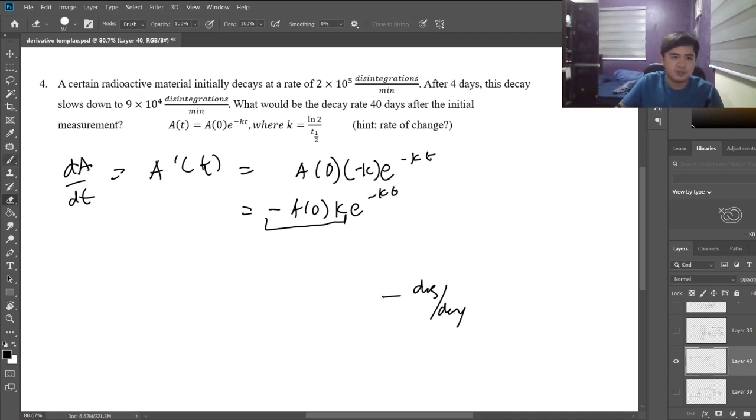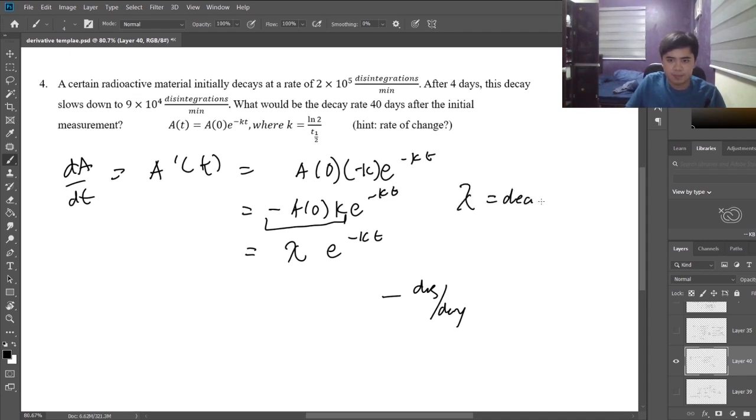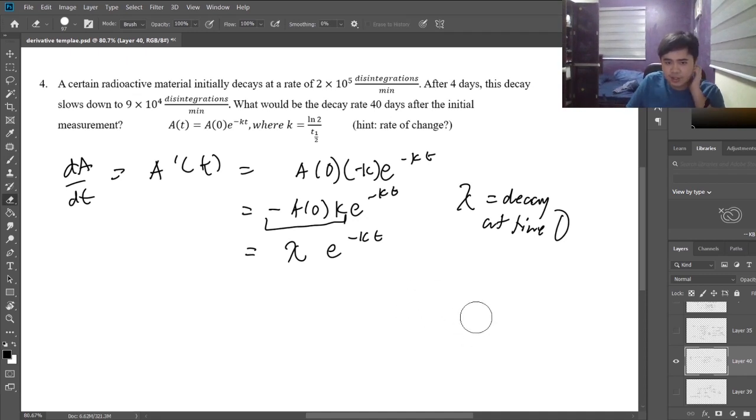Well, what we can do is to say, and then just put that there, right? And then e to the negative kt. So what is delta? Delta is just the decay at time 0. Because that's what we transformed negative A of 0 k to be.